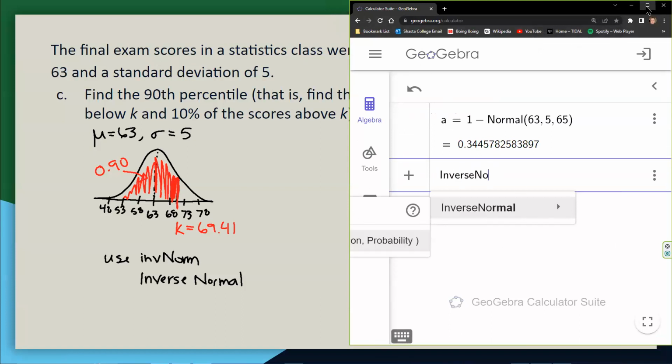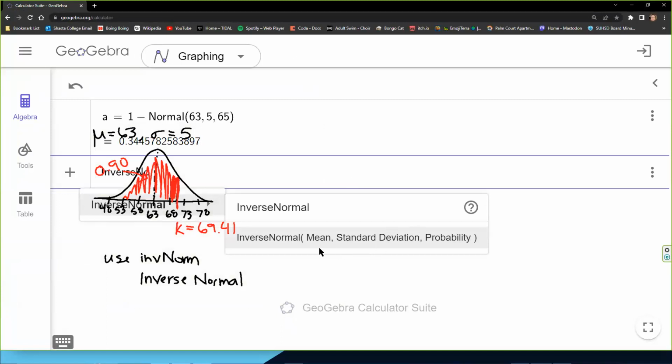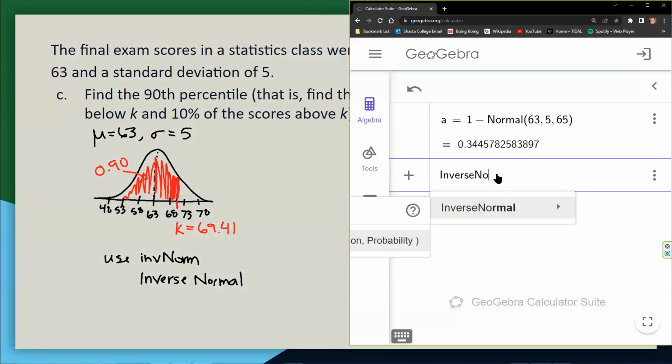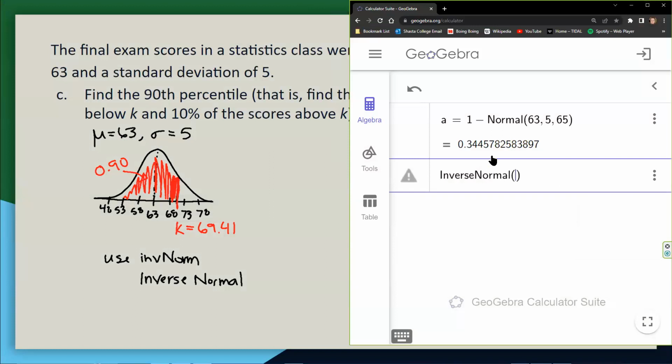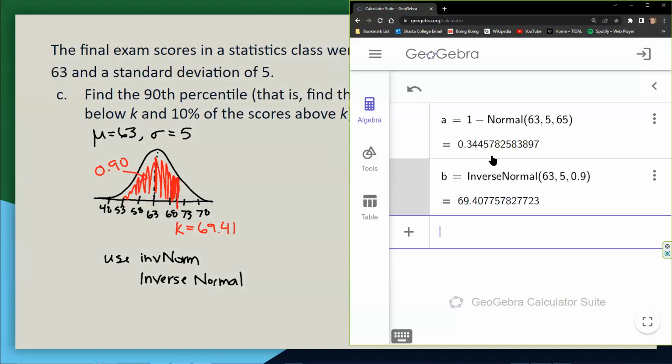And what it's asking for is the mean, the standard deviation, the area to the left. So it wants the same thing that the TI does. It just wants it in the reverse order. It wants the mean and the standard deviation first, and then that area to the left. And again, just like our TI-84, it's giving us 69.41.